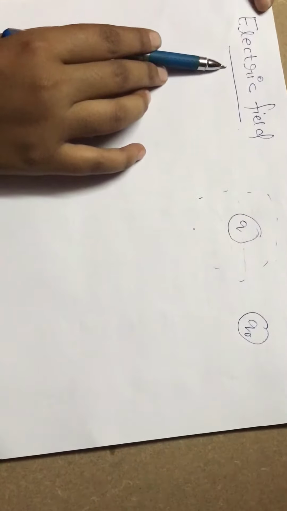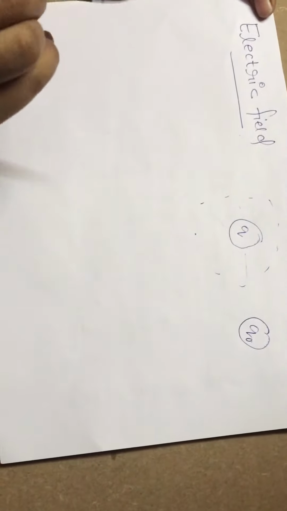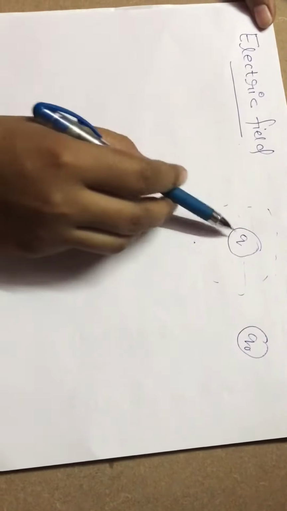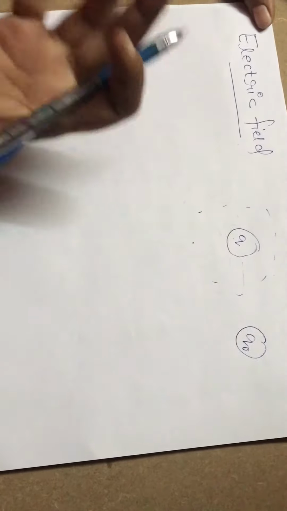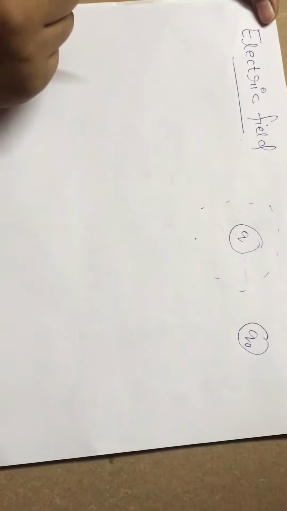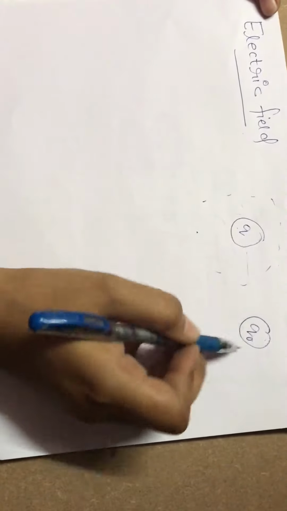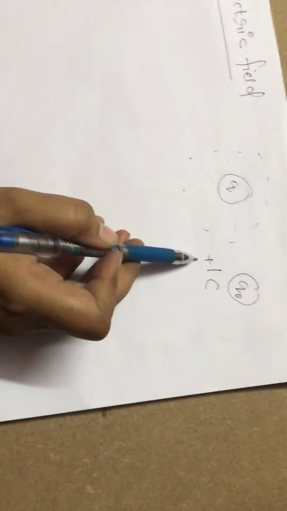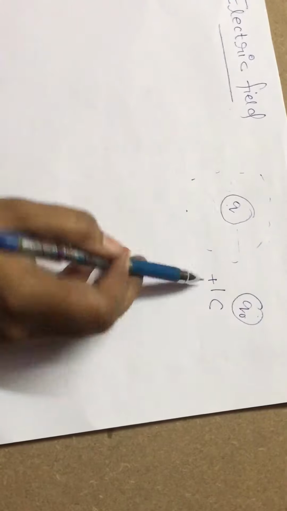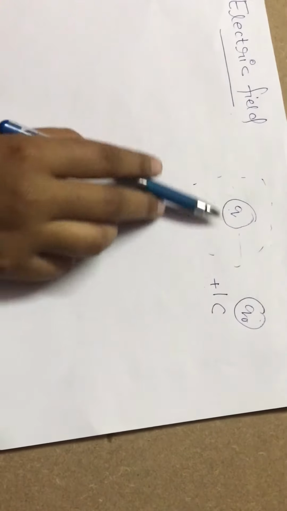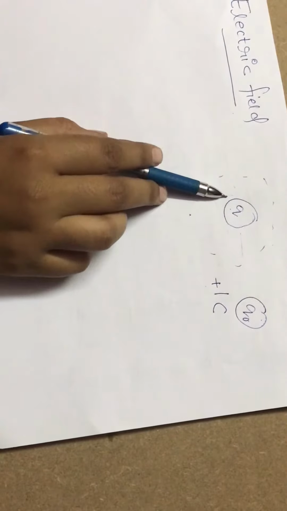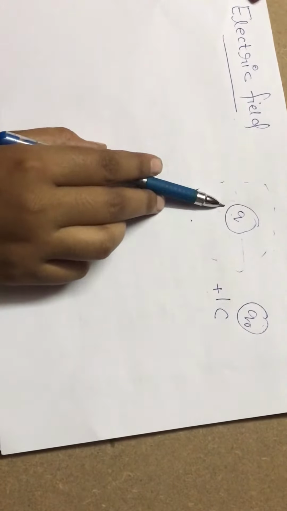Is it okay? So let us suppose we want to know whether a charge is positive or negative. What can we do to detect this charge? We have to take a particular charge, let us suppose positive 1 Coulomb, a small unit charge, and we know that this is the positive charge. If it is attracted by it, that means it is unlike, meaning negative charge, and if it is repelled by this charge, then it means it is positive charge.